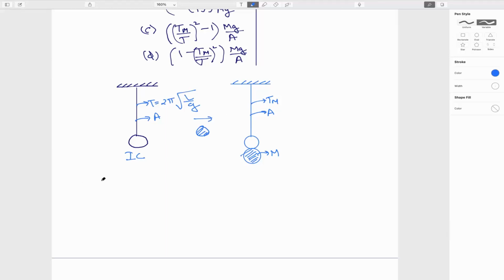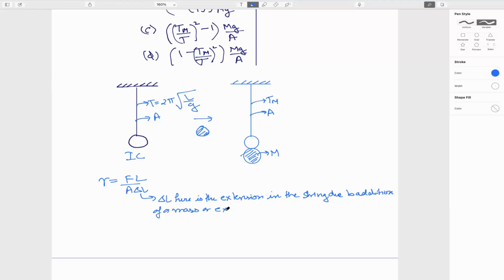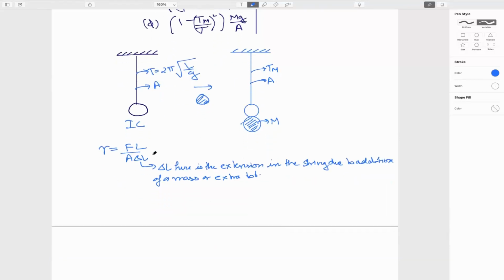We know that gamma is nothing but stress upon strain, that is force upon area into delta L by L. And delta L is the extension in the string due to the addition of a mass, or extra bob. The extra force is nothing but mg.